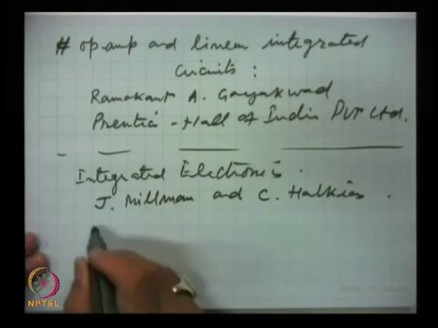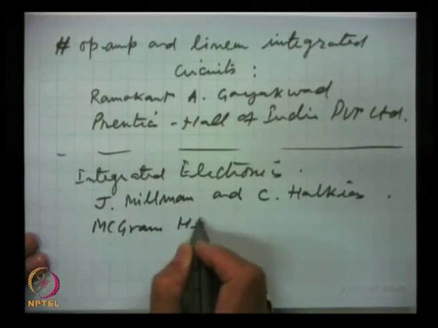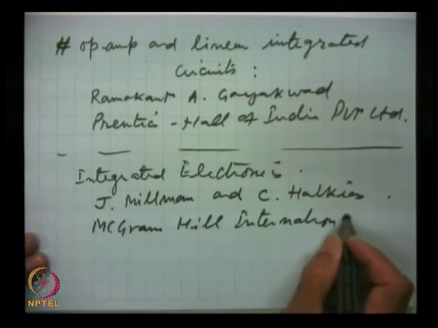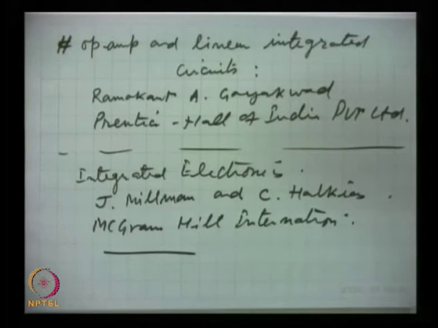This is McGraw-Hill publication, McGraw-Hill International. So, as a reference book for any details you want to consult, this will be a nice book. Now, there is time for a few examples which I can take.